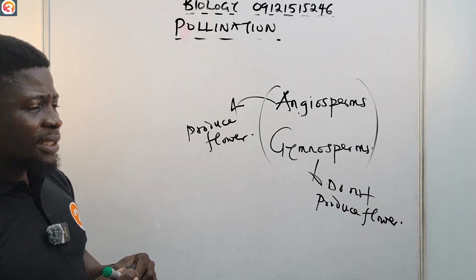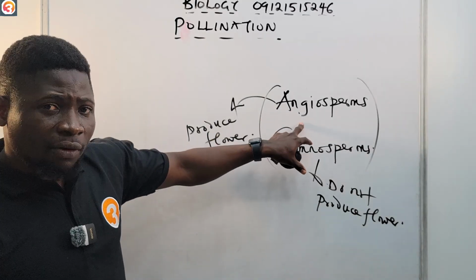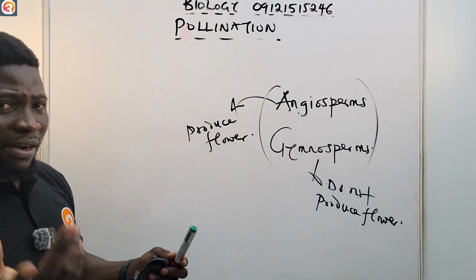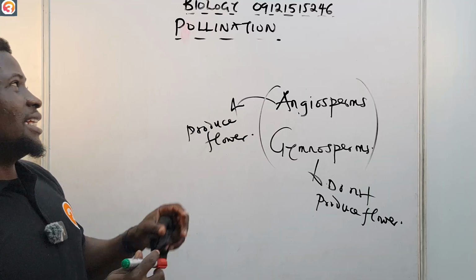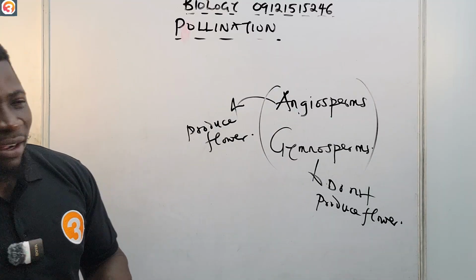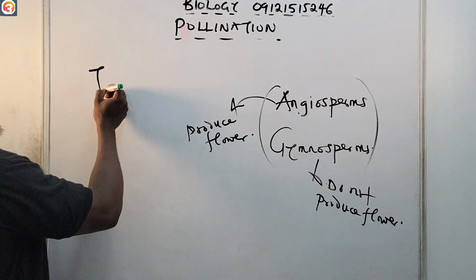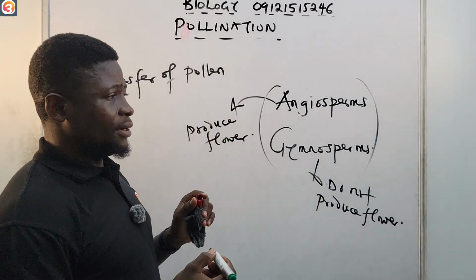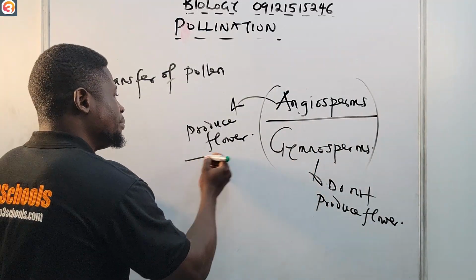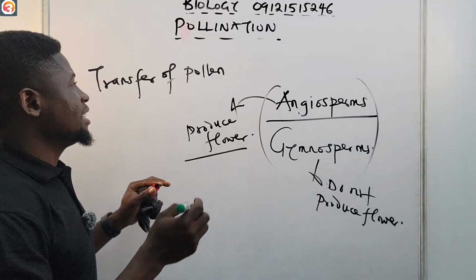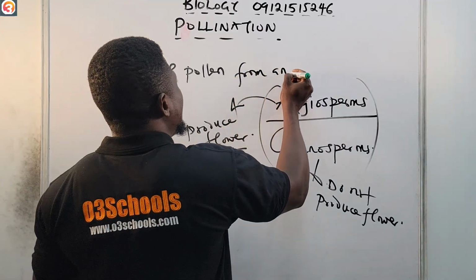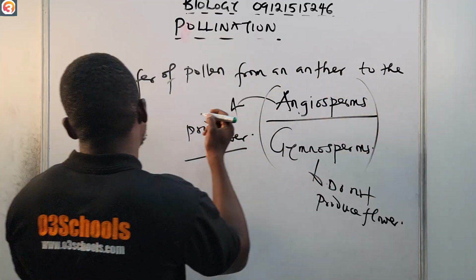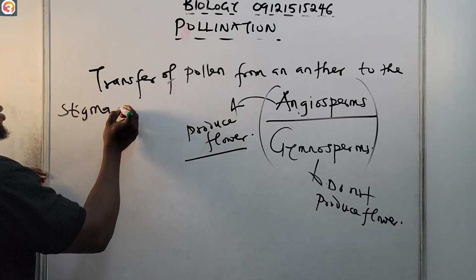Having known this, we're going to talk about the definition for angiosperms and then for gymnosperms. Angiosperms produce flowers, so they're flowering plants. For that reason, we can now say that pollination is the transfer of pollen grains, in terms of the flowering plant, the angiosperm, from an anther to the stigma of a flowering plant.